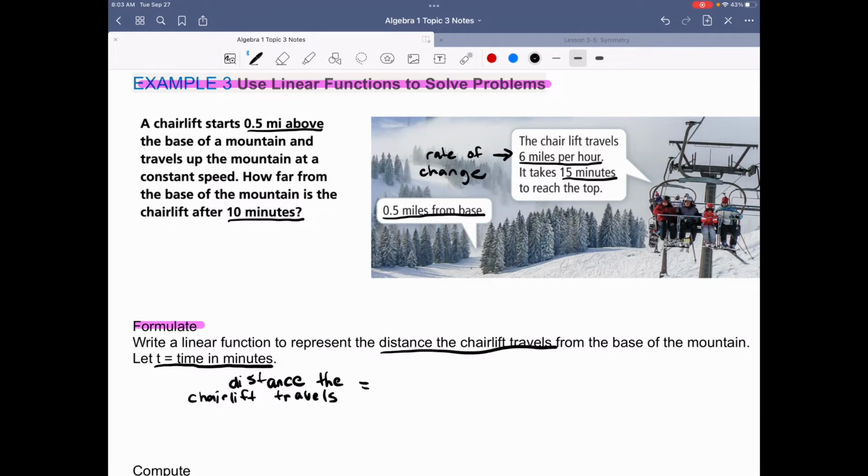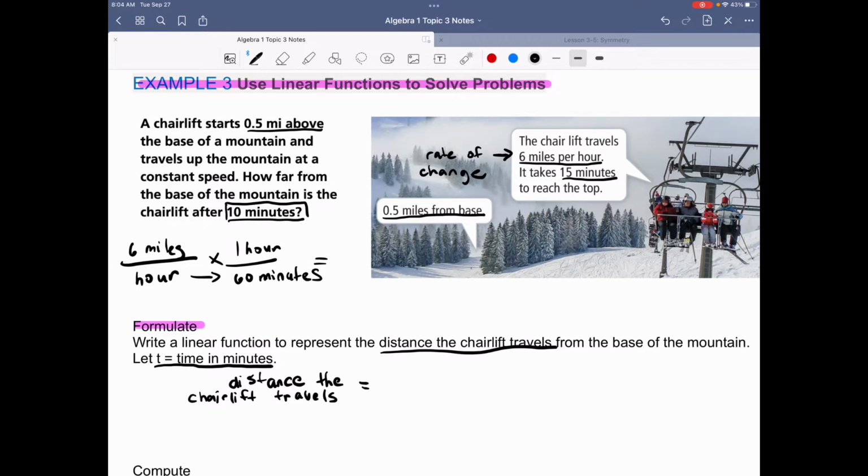But the problem is asking for the time in minutes, and we have here 6 miles per hour. So we will need to convert the 6 miles per hour into minutes. And we do that by multiplying 1 hour over 60 minutes. This is how we will convert the hour, which equates to 60 minutes.